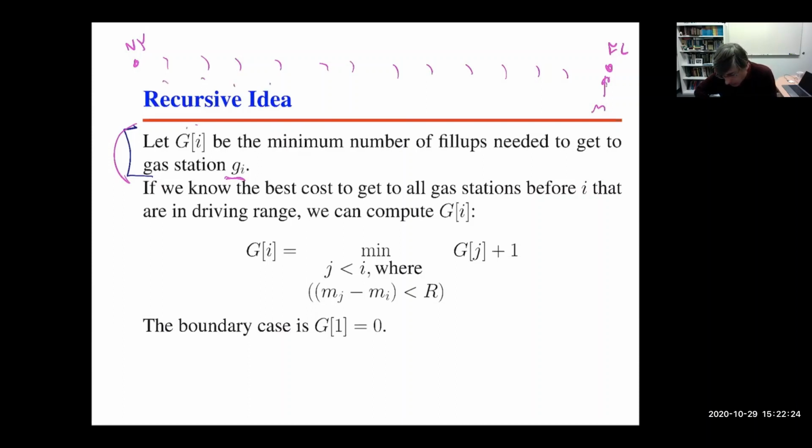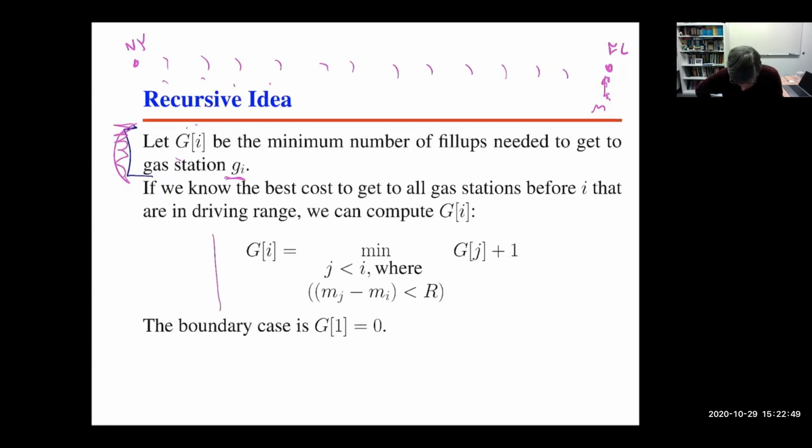I'm going to consider my destination gas station N. If I knew how to compute the minimum number of fill-ups to get to every single station on the line, I'm done. Now the question is, can I come up with a recurrence relation to compute this function?